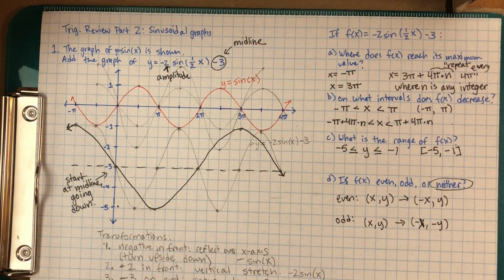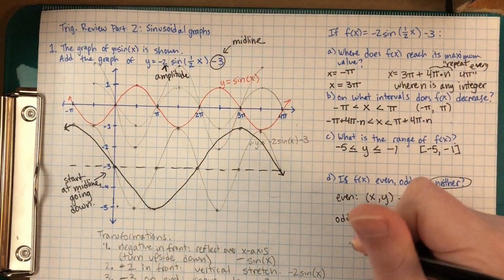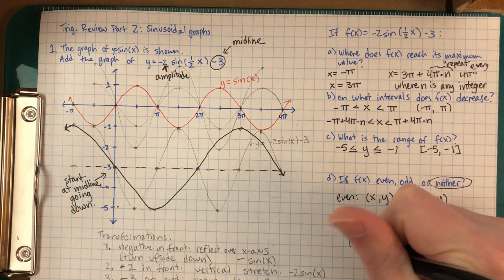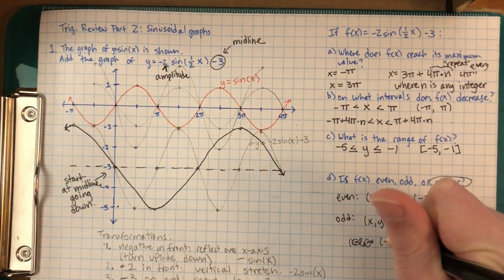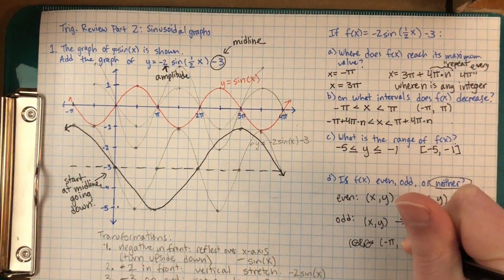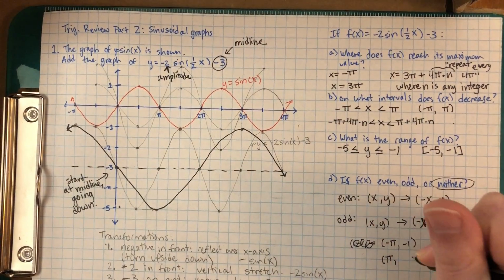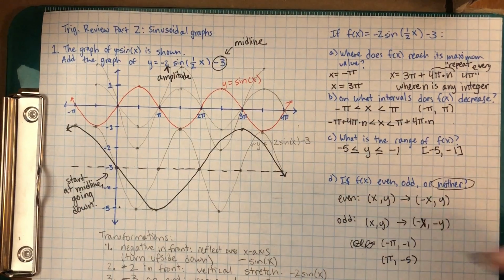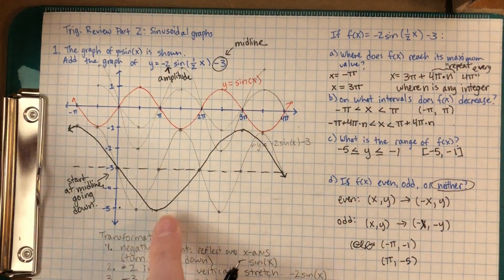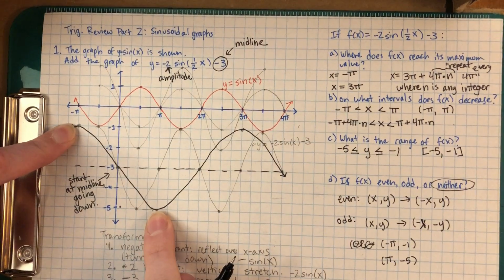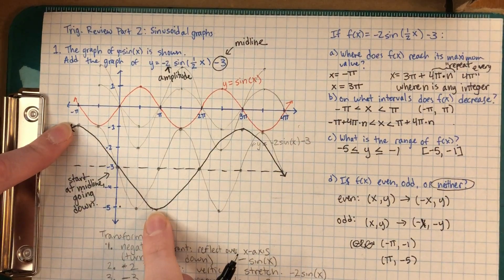Let's take these 2 points as a comparison. This graph has the point negative pi, negative 1, and it also has the point pi, negative 5. These points have the same x, just with opposite signs.